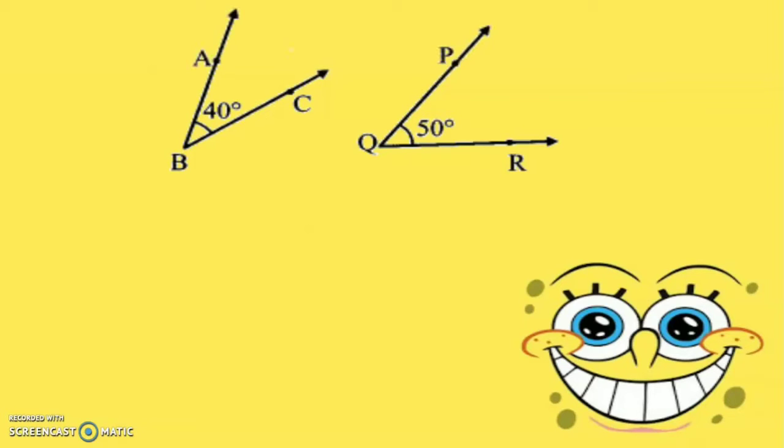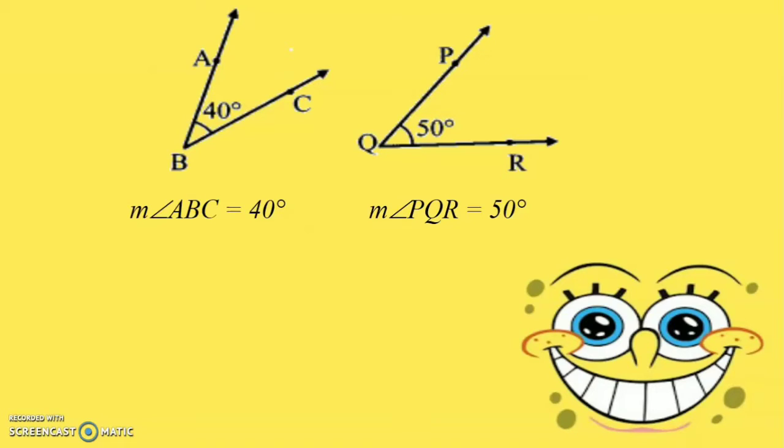We have two angles. The measure of the first angle is given as 40 degrees. That is, measure of angle ABC is equal to 40 degrees, and the measure of the second angle is given as 50 degrees. So the measure of angle PQR is equal to 50 degrees.